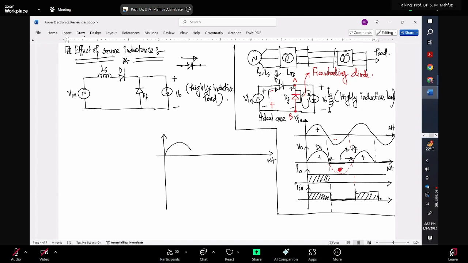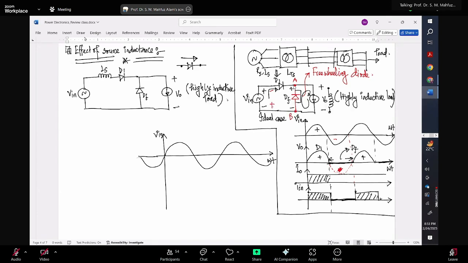Suppose this is my input voltage waveform, something like that. And then I am just keeping this one cycle ahead to understand what is happening here. So this is my input voltage.